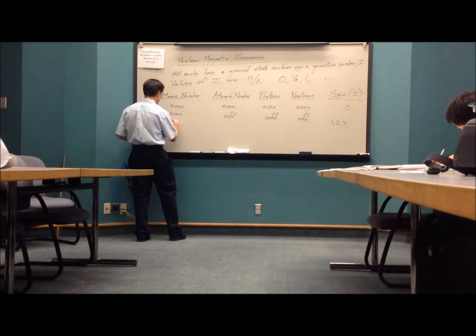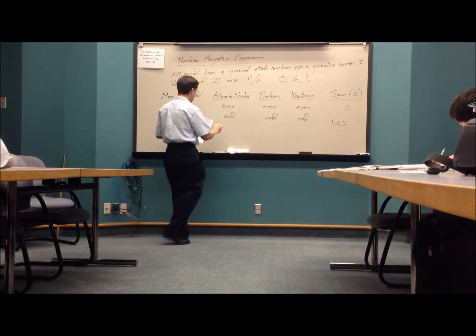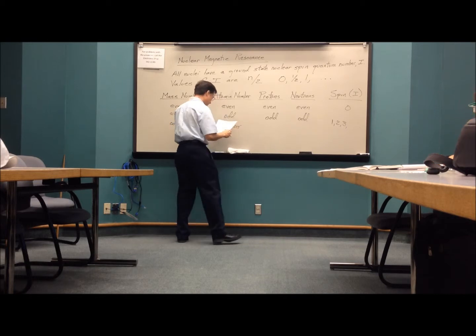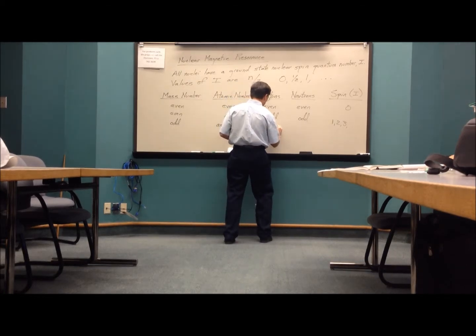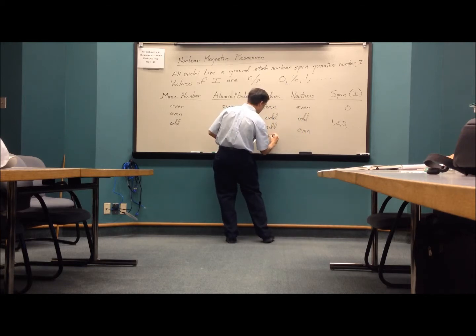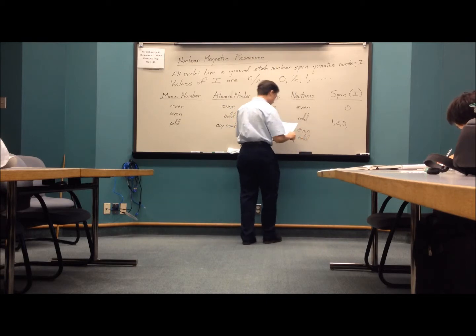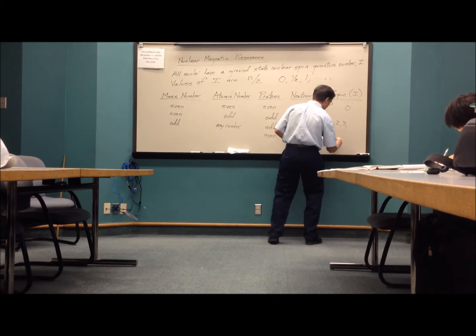And then if the mass number is odd, and the atomic number is any number, odd or even, that means we can have odd even or even odd. And that will give us half-integer values.